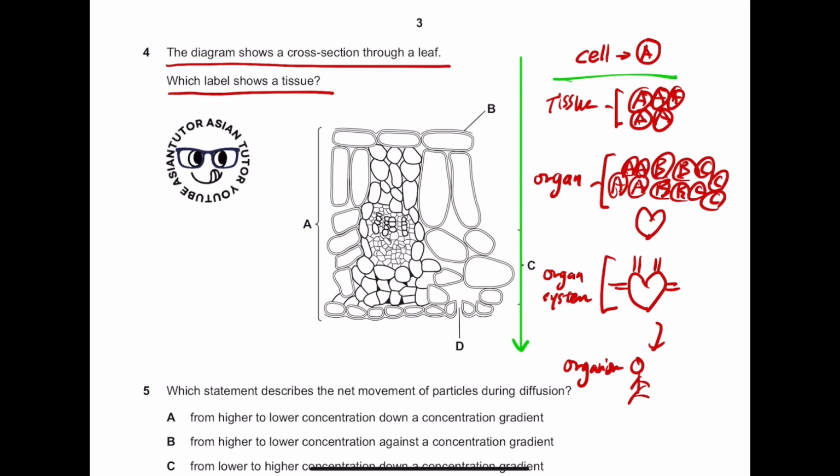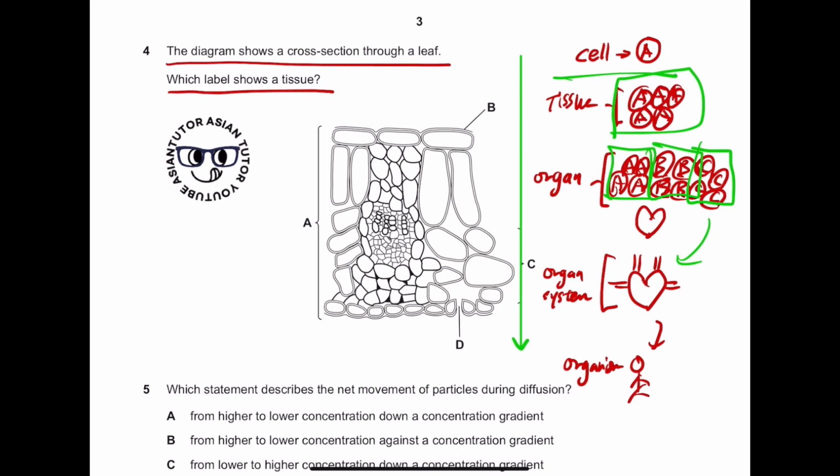So this is a cell, this is a tissue. So tissues are made of the same cells. Organs are made of different cells, and organ systems are made of different organs, and different organ systems make an organism. So back to this question again.